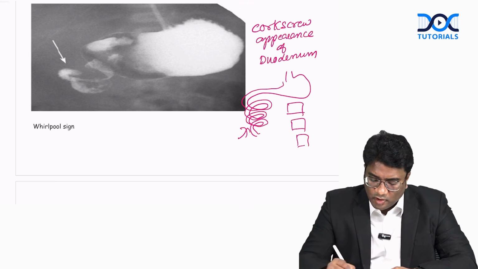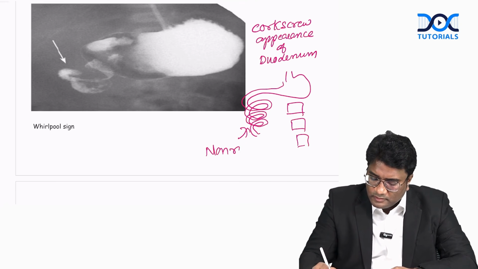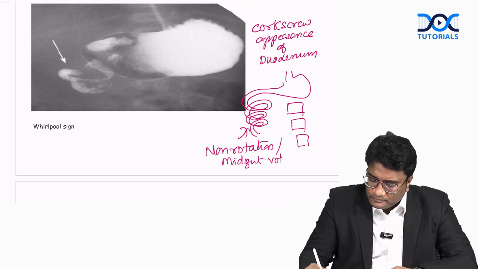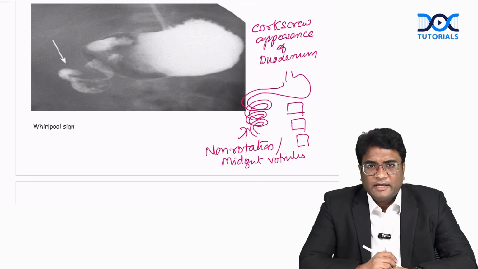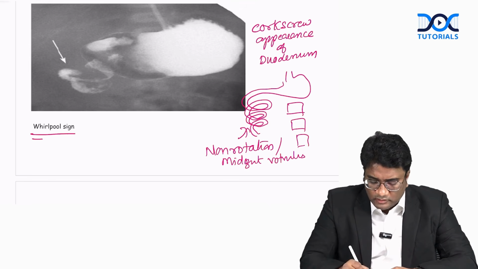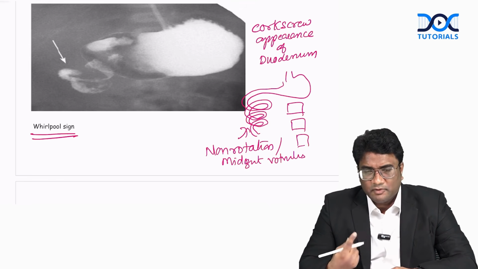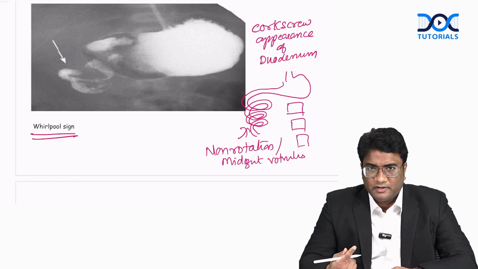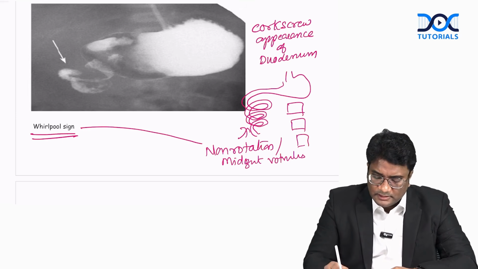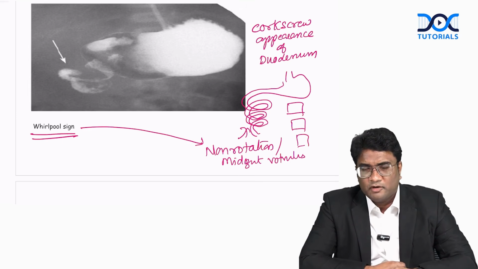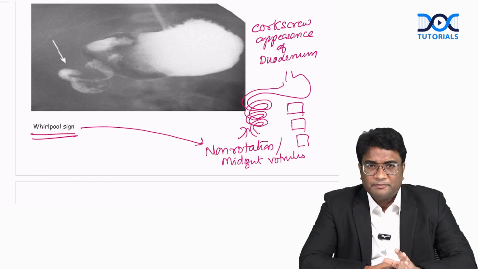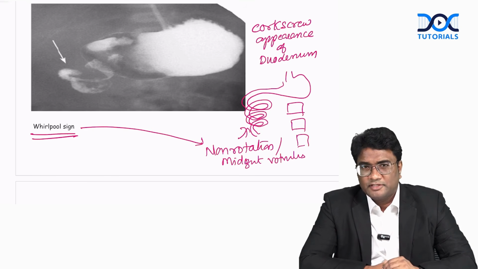This is seen with non-rotation or midgut volvulus. And this non-rotation or midgut volvulus also shows you whirlpool sign, where the small bowel loops twist around the superior mesenteric artery. Corkscrew appearance of the duodenum is midgut volvulus or non-rotation, whereas corkscrew appearance of the esophagus is diffuse esophageal spasm.